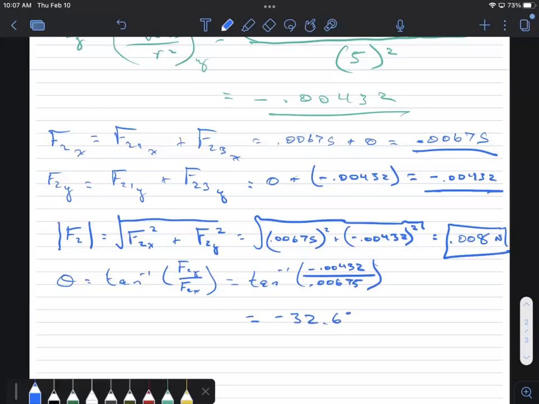Now, before I actually box this answer, remember, when we deal with vectors, the direction part is kind of fickle. You may do everything perfectly right, calculate it out correctly in your calculator, and get an incorrect answer. Half the time, in fact. So before I box the answer, I see, does it make sense? How do I know if it makes sense? Well, I already kind of did it.